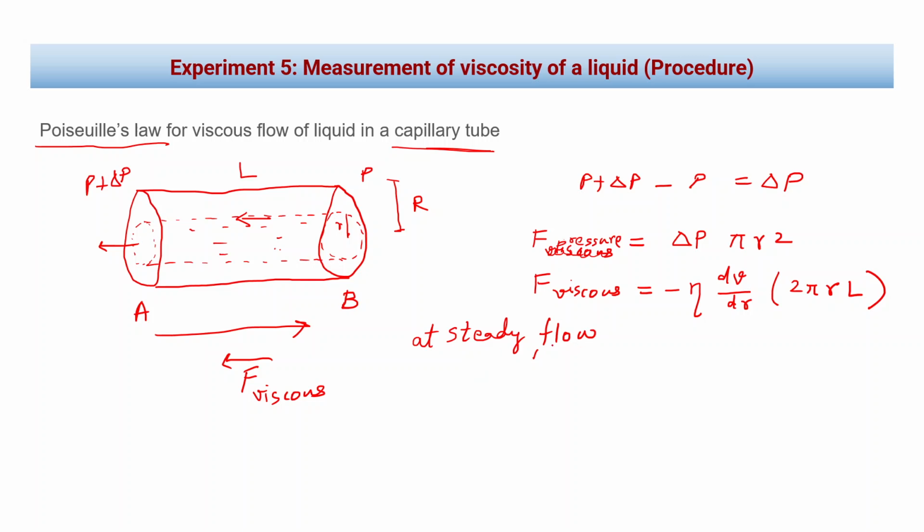What we mean by steady flow of liquid is that at any point in this capillary tube, for example at this point C, the liquid passing at this point will have the same velocity, same density and same pressure. So the liquid keeps passing, but at this particular point in time, whatever liquid is passing will have the same velocity, same pressure, and all its parameters are the same.